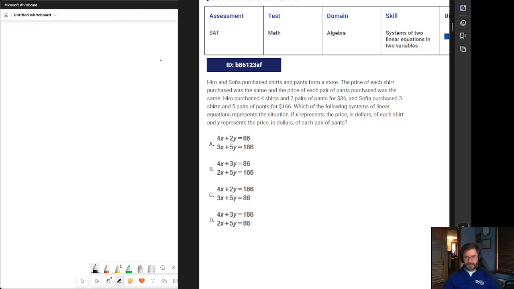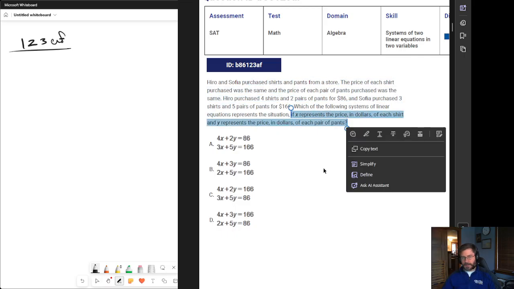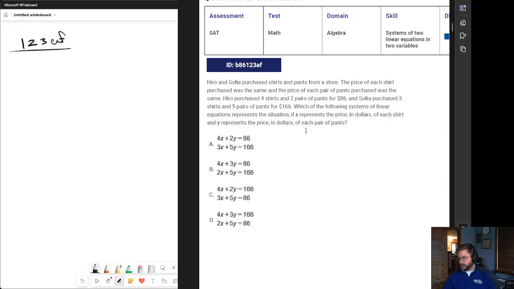1, 2, 3, AF. Nice number there for our question. It's a system of equations again, surprise, surprise. I don't read any of this. I go straight to the question down here before reading any of that. Which of the following system of equations, if x represents the price of the shirts, y is the price of the pants.